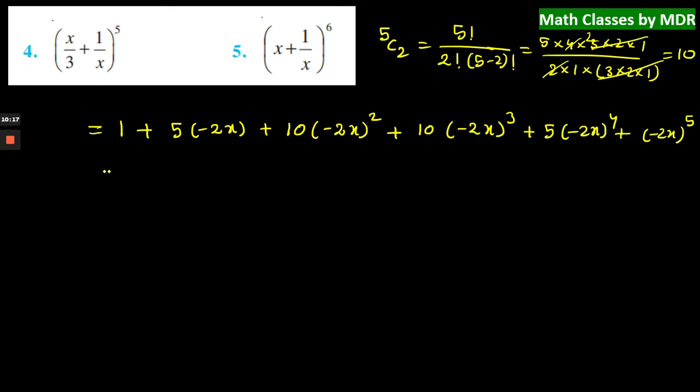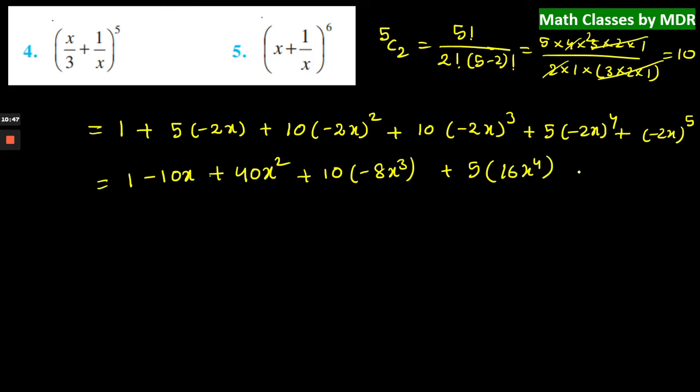Now let us simplify it. We will get 1 minus 10x, plus minus 2x whole square is 4x square, so 40x square, and minus 2x whole cube is, let me write one more step, minus 8x cube, so minus 80x cube, plus 5 into minus 2 whole to the power 4 is plus 16, so plus 80x to the power 4, and minus 2 whole to the power 5 is minus 32x power 5.